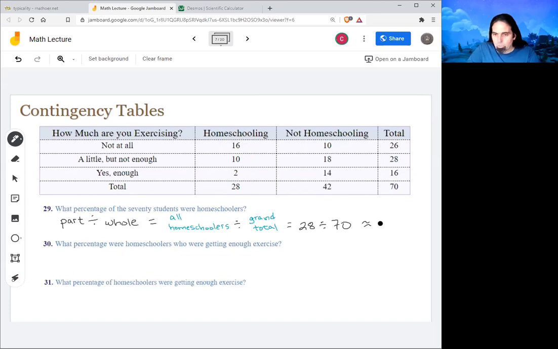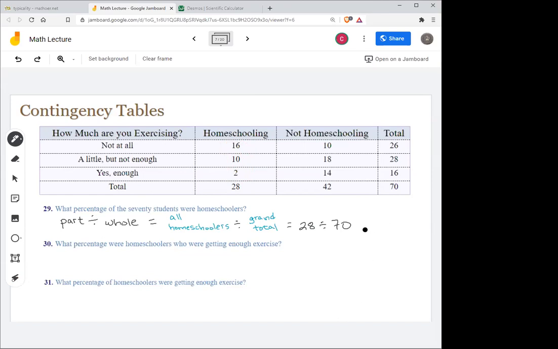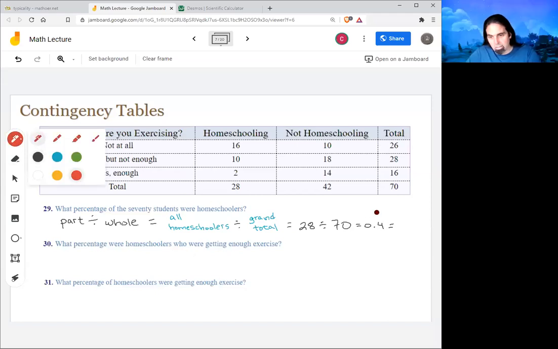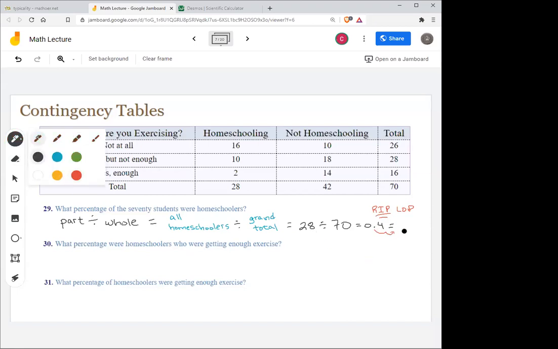So 0.4 is going to be, oops, 4%... not 4. So right into percent once, twice, 40%. 40%.